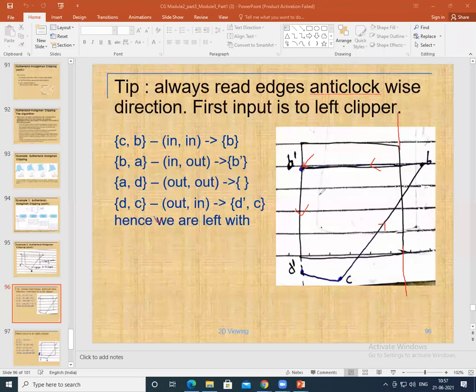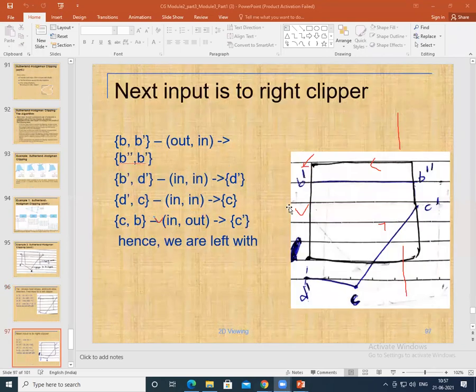We will see that in the next slide. See here, what you have: B B bar, or else you can take B double bar or B as such, B bar D bar, D bar C, and CB.